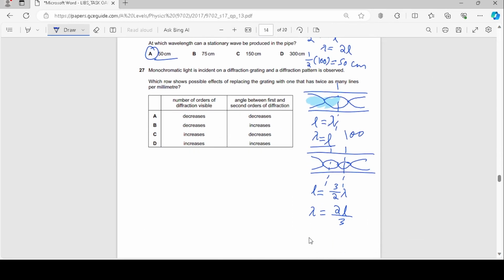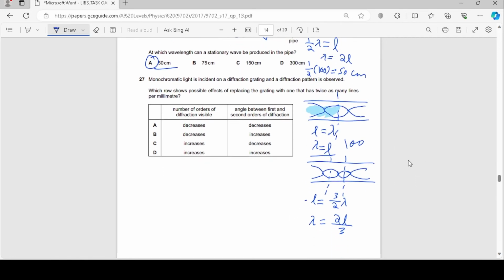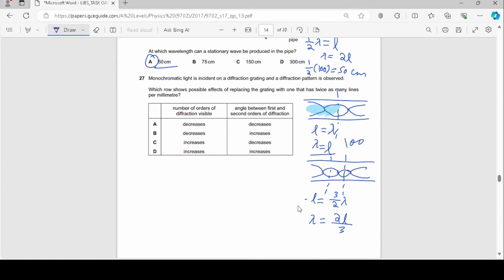And this one would be 3 by 2 into 100, so that would be 150. Wait, I think I'm doing something wrong, because obviously you can't have two options as correct.